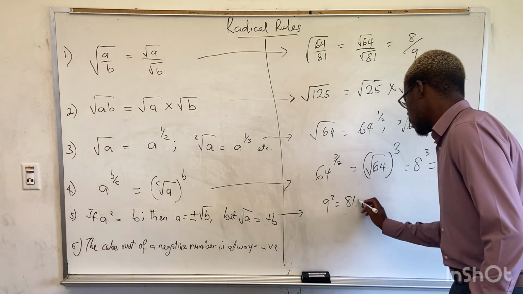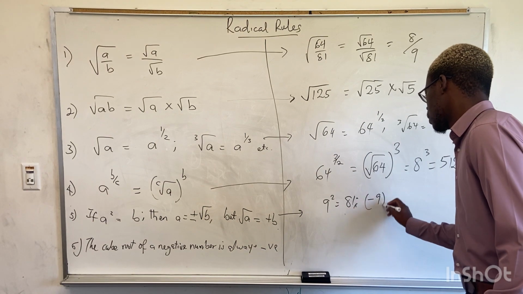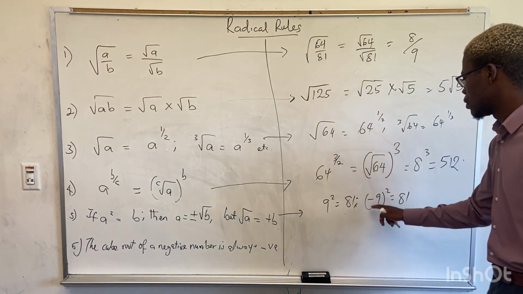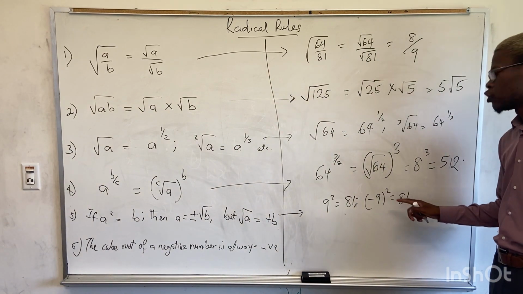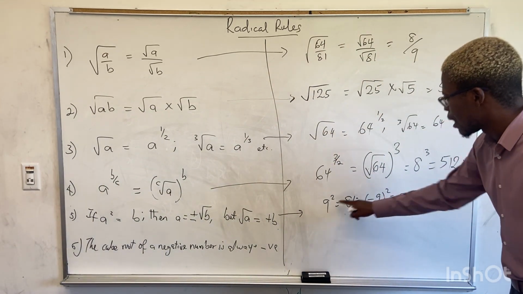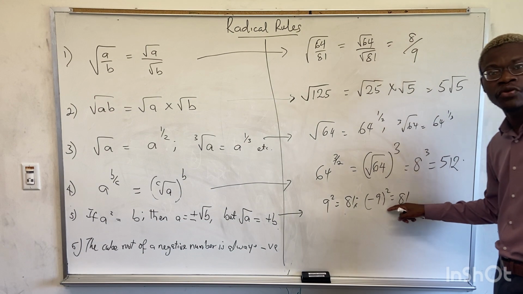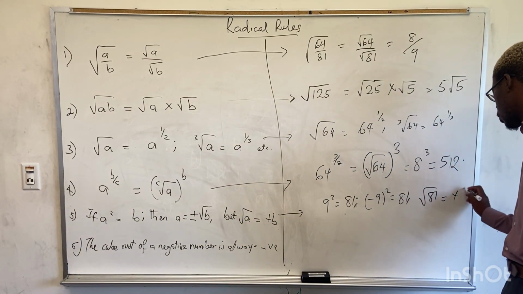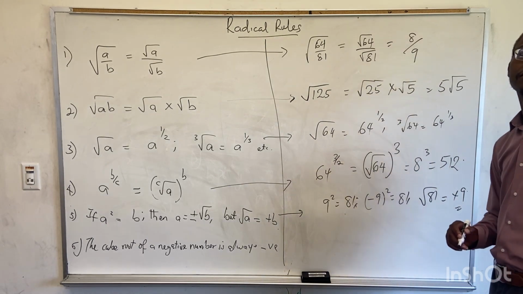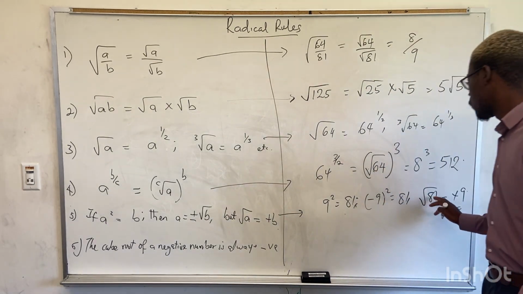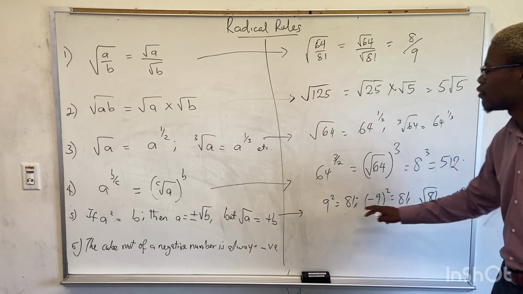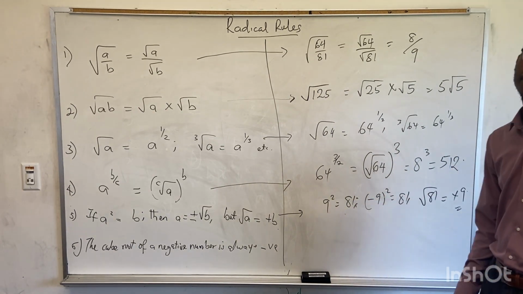Then negative 9 squared is also 81. Did you see that? 9 squared is 81, negative 9 squared is also 81. So both 9 squared and negative 9 squared can give you 81. But the square root of 81 is only positive 9. All right? The square root of 81 will only give a positive number, but you can square both the negative and the positive and they will give you the same 81.